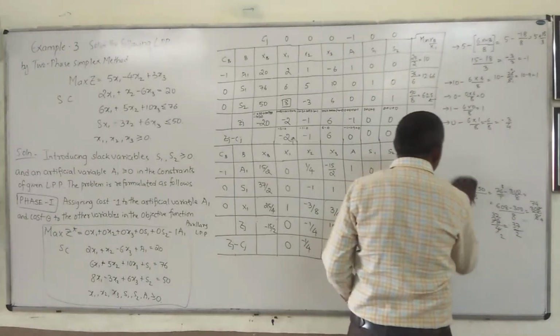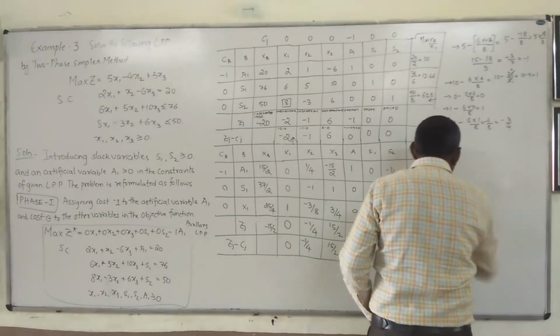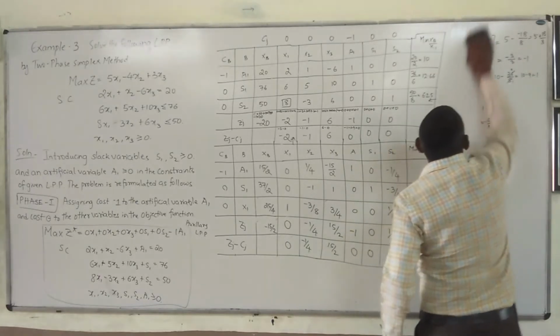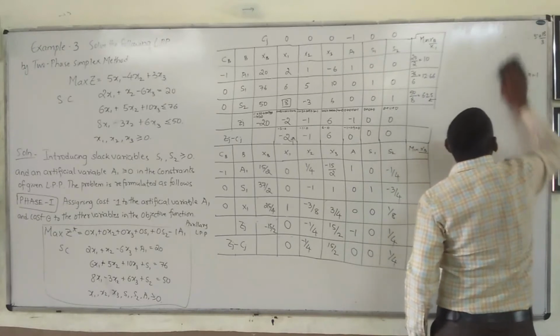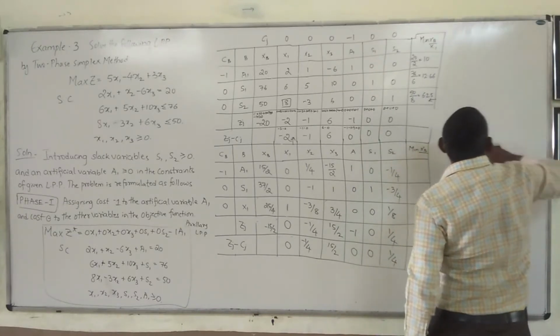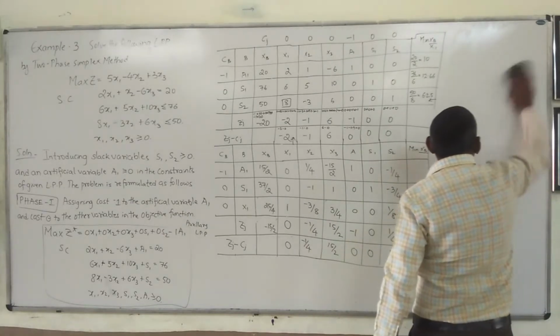Before going to the next simplex table, what are we supposed to do here? We need to find the entering variable or entering column and leaving column, that is key column, key row.